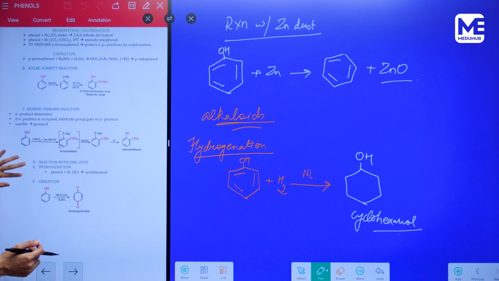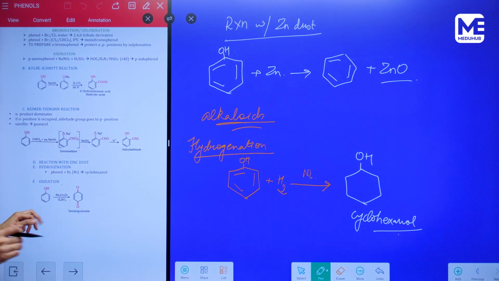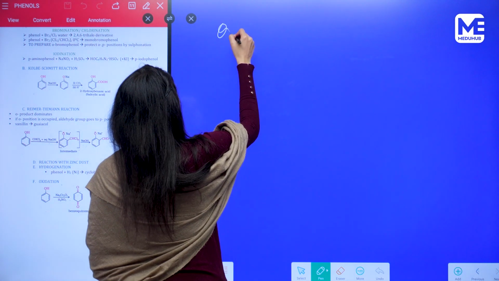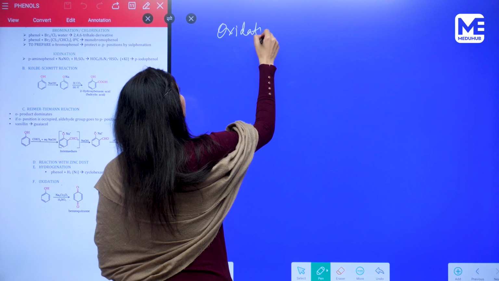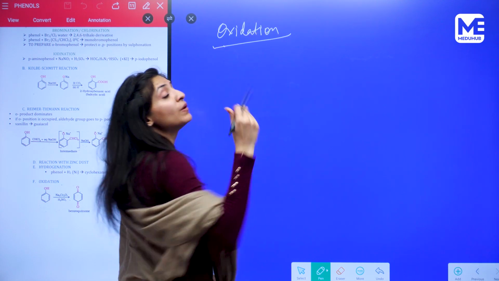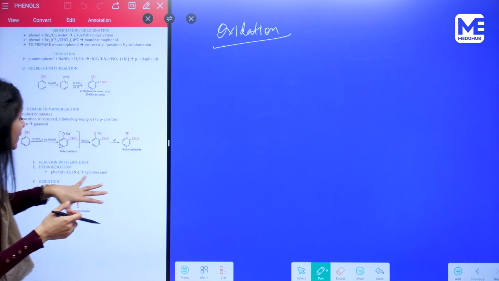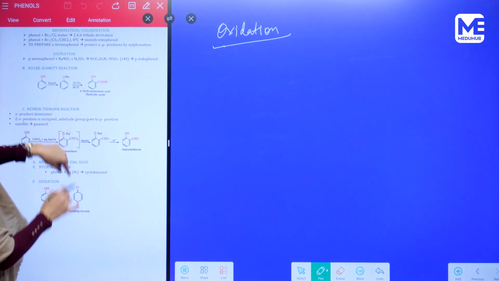Next, the last reaction that you have to study is the oxidation reaction. So phenol can undergo oxidation. Even in the presence of air, phenol slowly undergoes oxidation and forms brown colored products, which are quinones. Quinones are conjugated ketones.